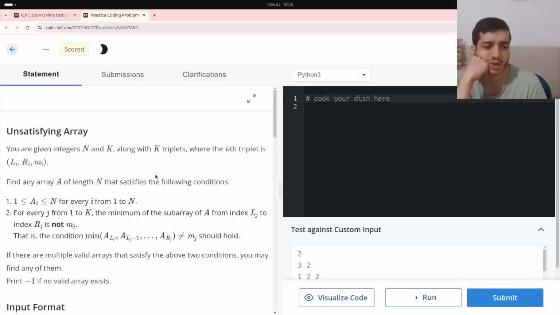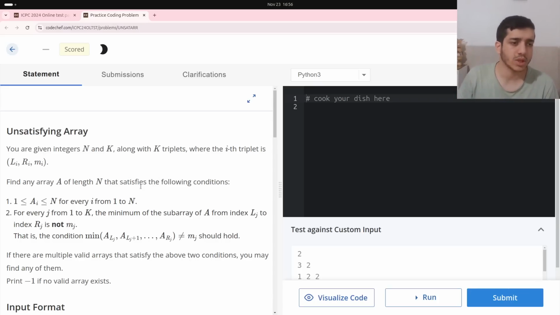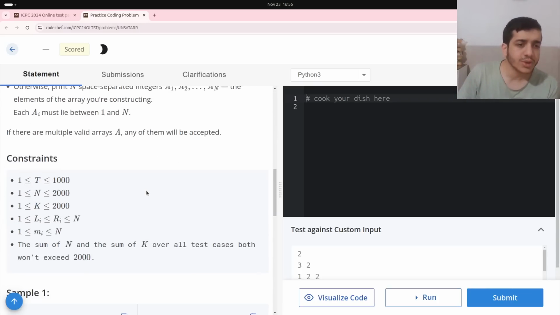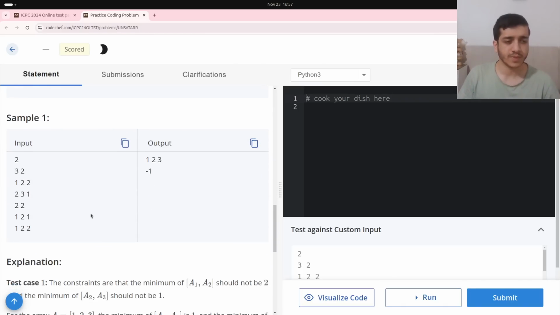If there are multiple valid arrays, print any, otherwise print no. Understood. So n is not that much, k is not that much. So let's see some examples.